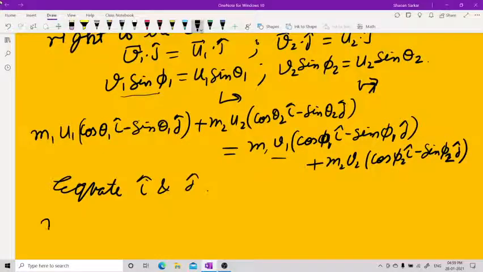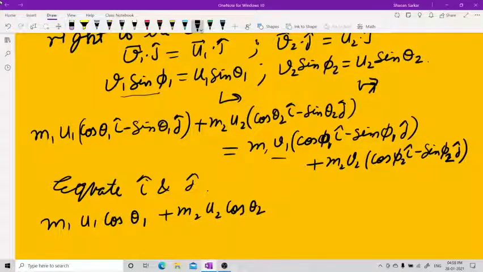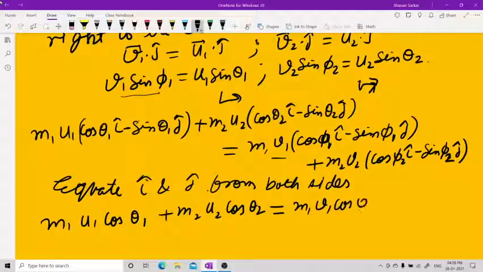What you will get? m1 u1 cos theta 1 plus m2 u2 cos theta 2 equals m1 v1 cos phi 1 plus m2 v2 cos phi 2.